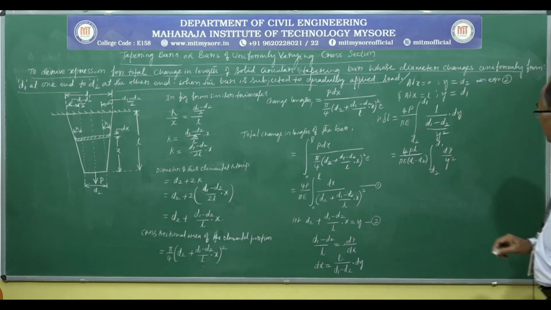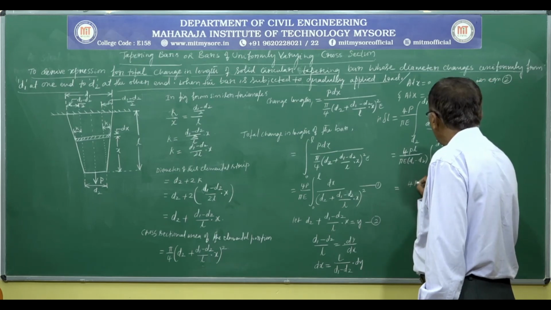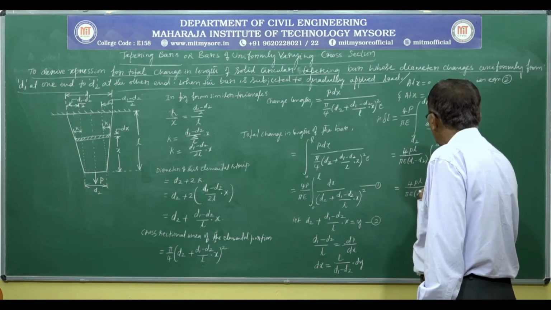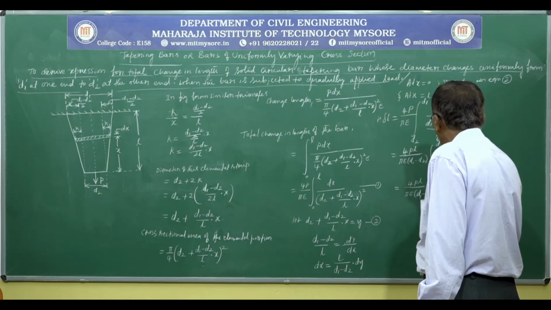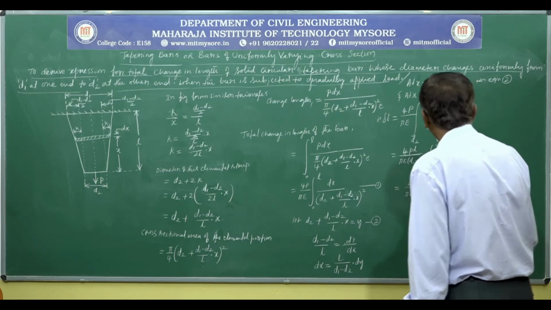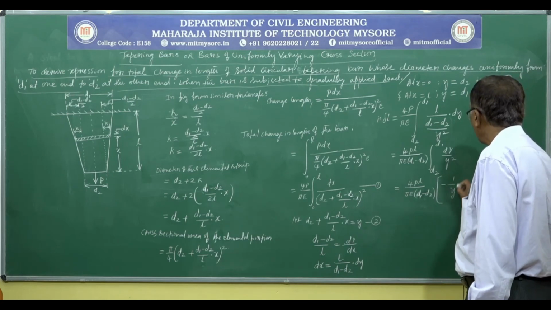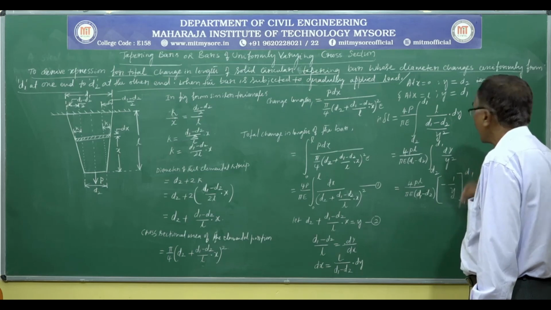If you integrate this dy by y square, you will get 4PL divided by pi E into (d1 minus d2) times minus 1 over y, from d2 to d1.